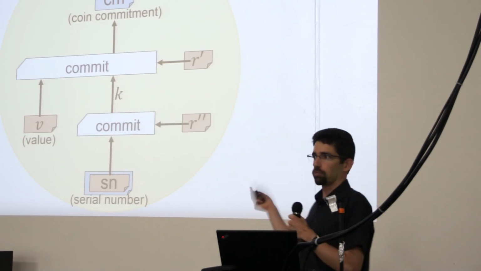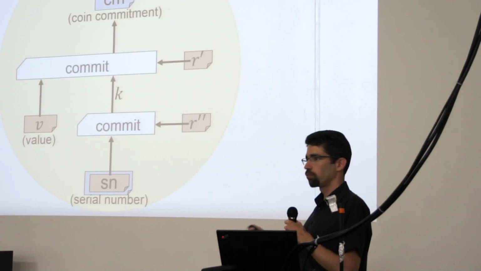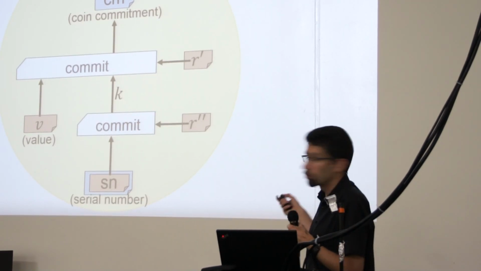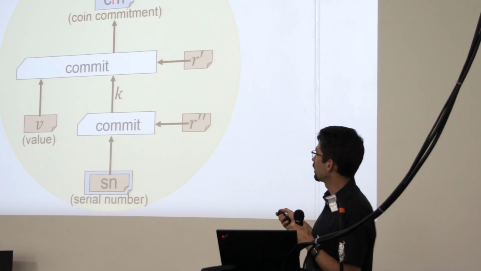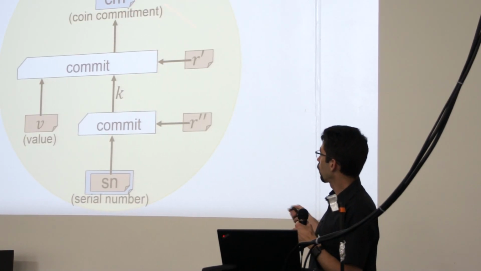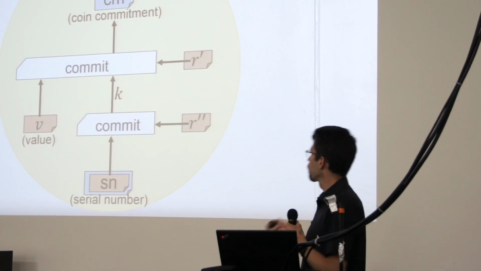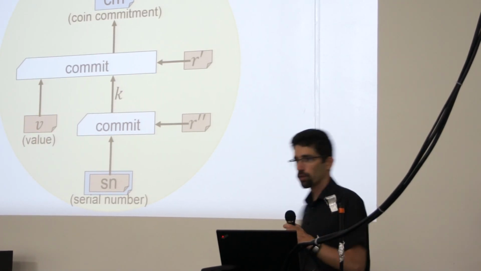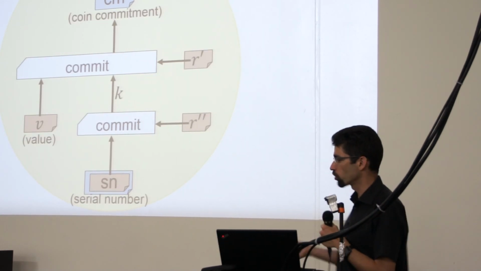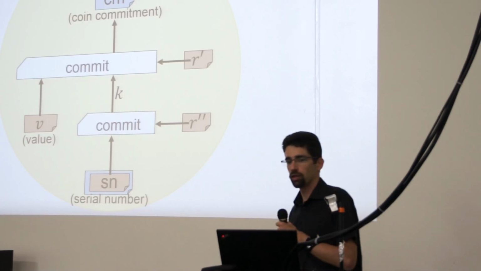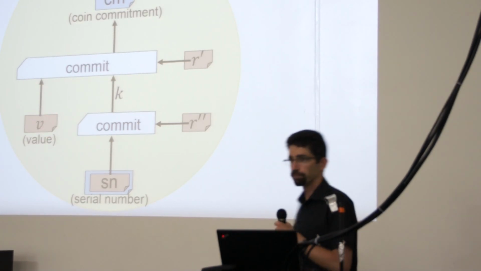Therefore, I can now spend, burn, consume V satoshis, and in exchange get a CM that captures a ZeroCash coin with the same value V. So there's a one-to-one conversion rate between the underlying Satoshi Bitcoin currency and this value V.